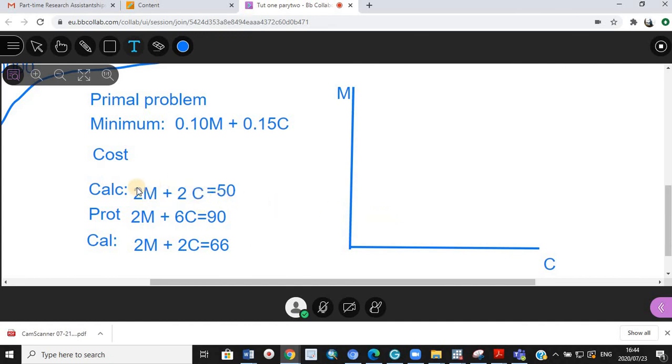So again, let's do the same. Let's come to calcium. If cereal is 0, how much is going to be M? It's just 50 divided by 2 is 25. Okay, I will write here 25. Okay, here also it is going to be 25, right?